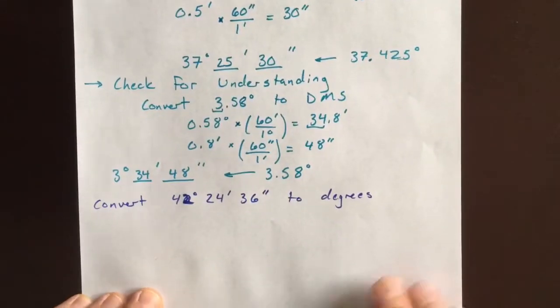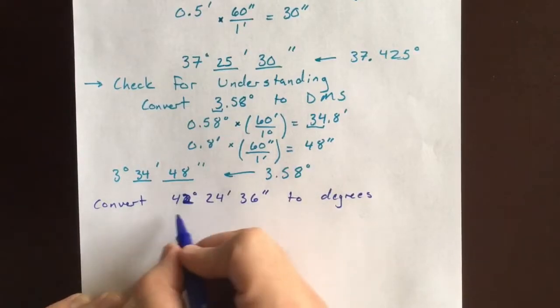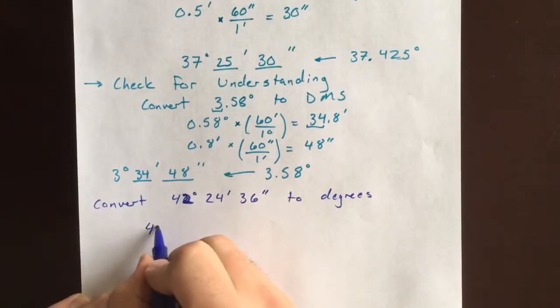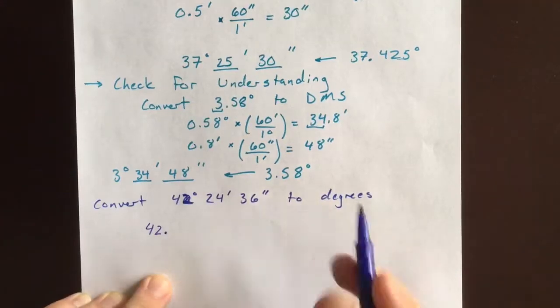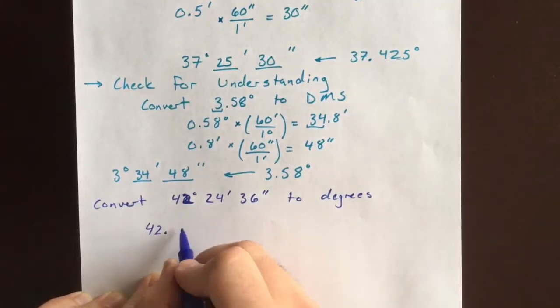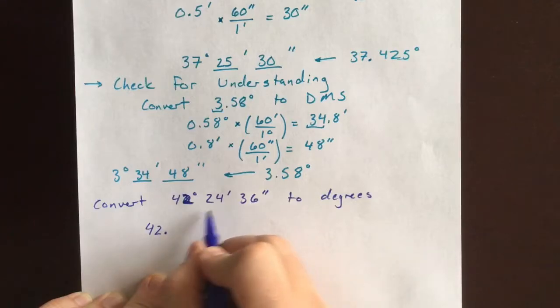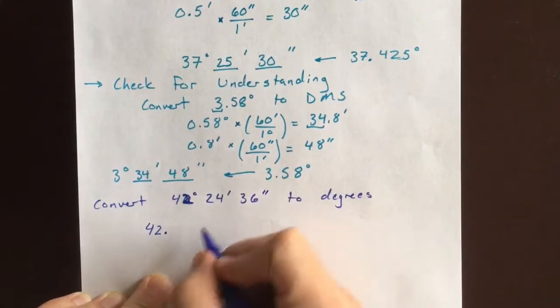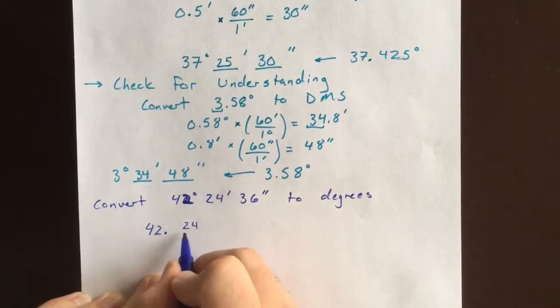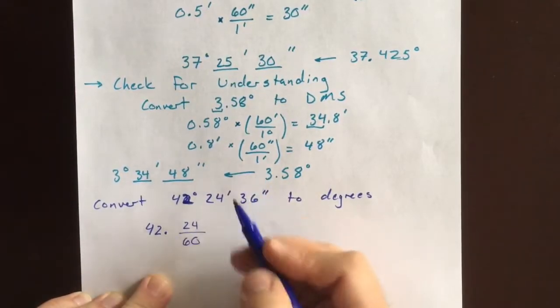Well, let's see. We know 42 is going to be our degree, so we essentially do not know the decimal. And how we find this is we're going to use our understanding. This is minutes, so this is essentially 24 out of 60.